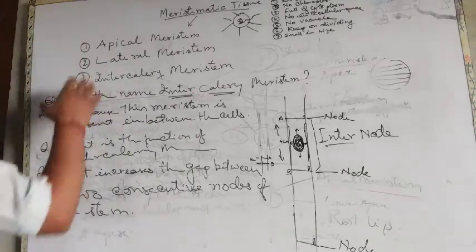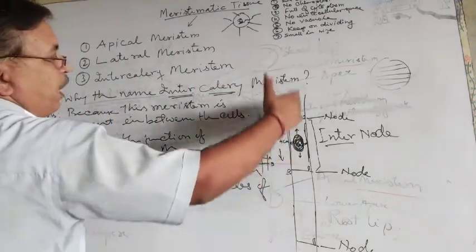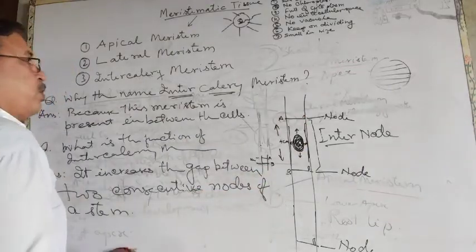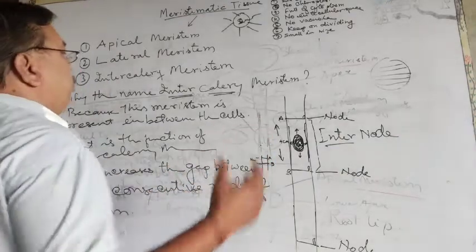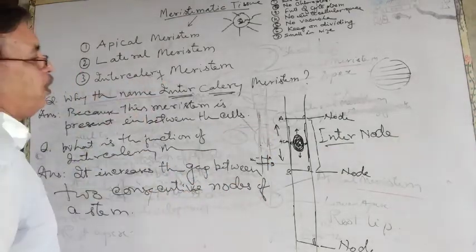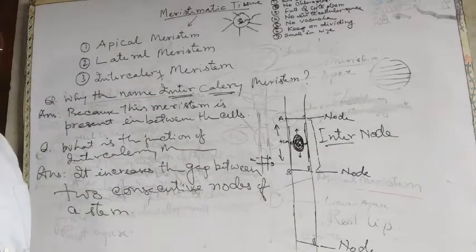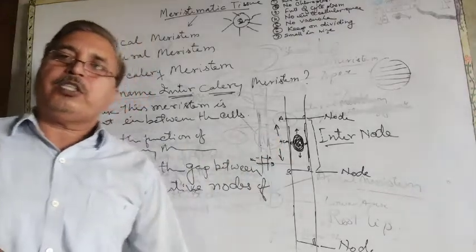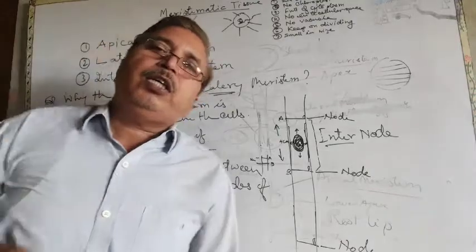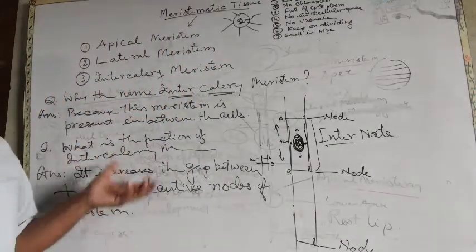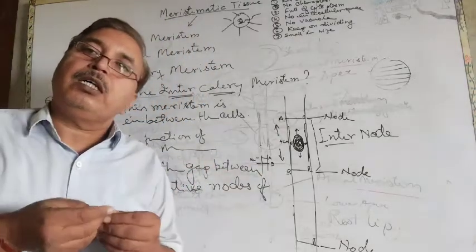And the second one is lateral meristem, that is present on the side walls of the stem and branches, and it helps in increasing the thickness of this stem. Whereas the third kind is intercalary meristem, and this meristem is present in between the cells, and it causes increase in the gap between the two consecutive nodes, and it also helps in developing the leaves.